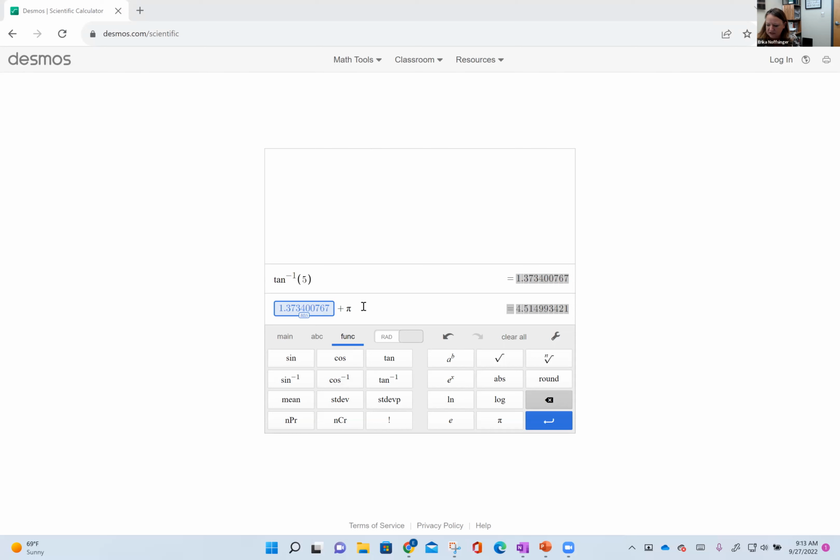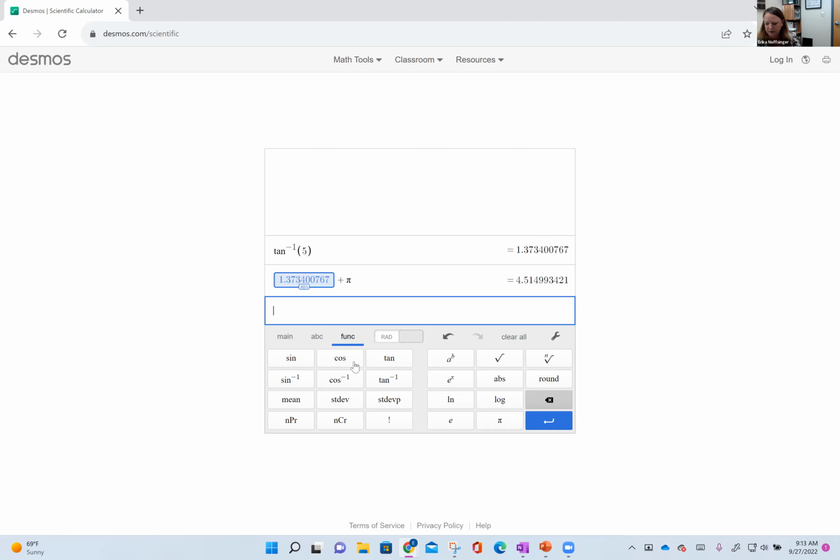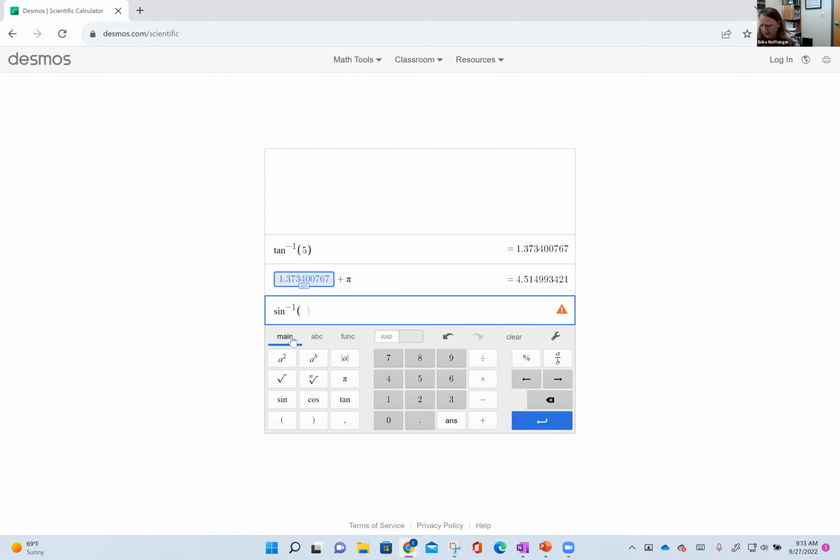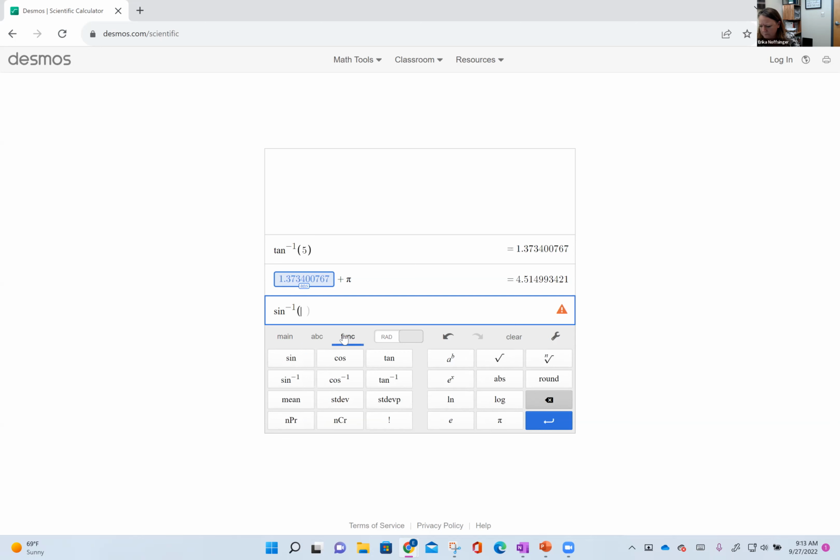And let's look at going back to sine inverse, and we wanted negative. I'm going to go to the main. I'm not sure if they have a negative. I don't see their negative answer.